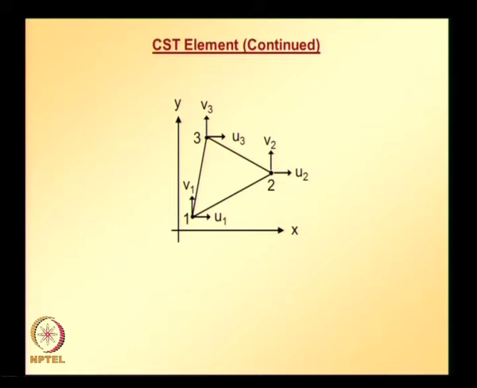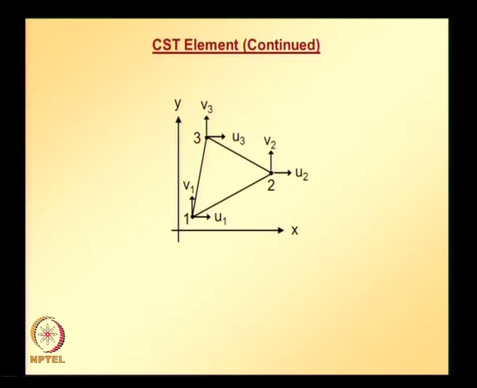So, when we are deriving shape functions based on a polynomial based trial solution, we usually start out with a polynomial whose number of coefficients is equal to the number of nodes.